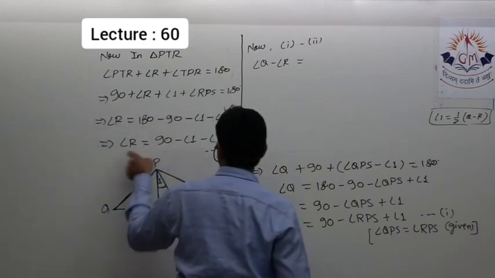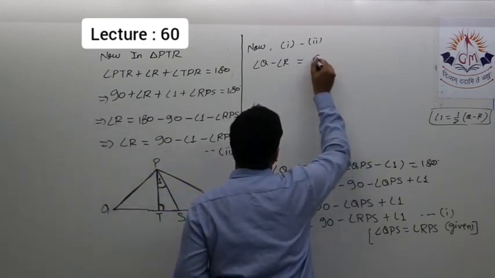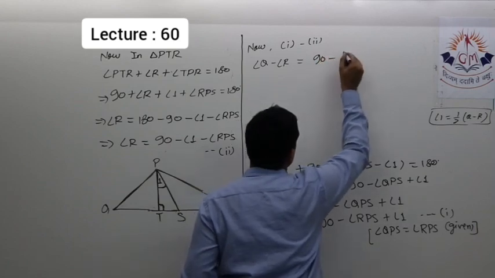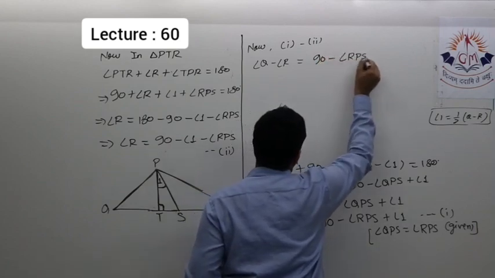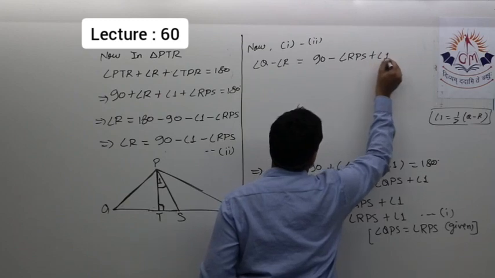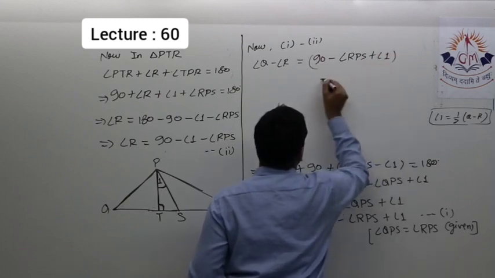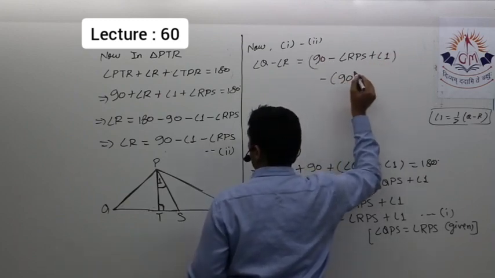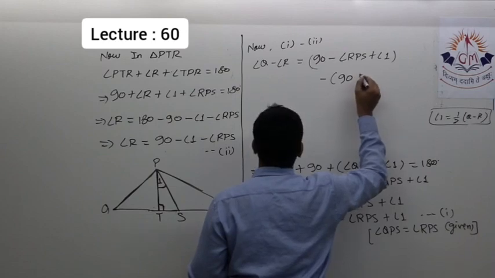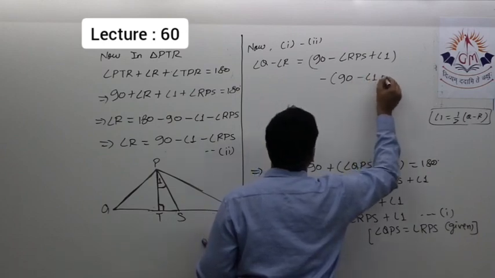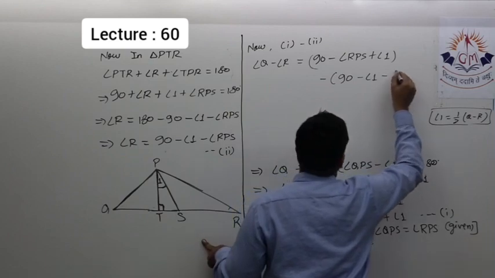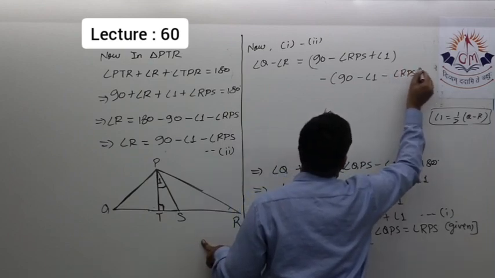So Q minus R is equal to 90 minus angle RPS plus angle 1 minus 90 minus angle 1 minus angle RPS.